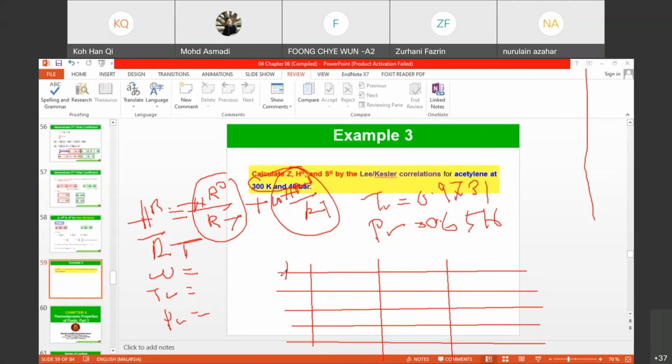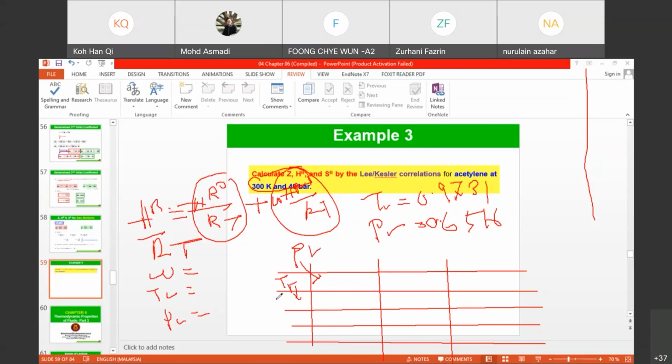So here is the R, and then 2, 4. So this side, and then this side is PR.